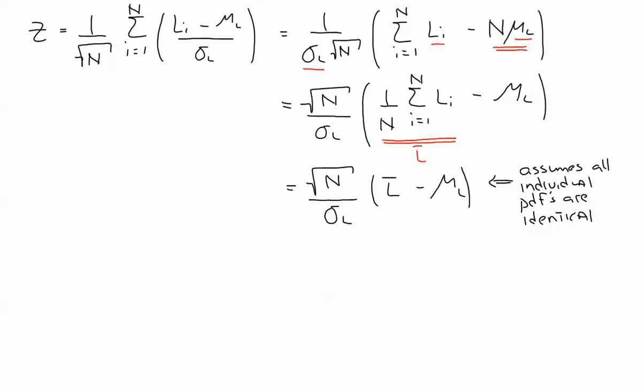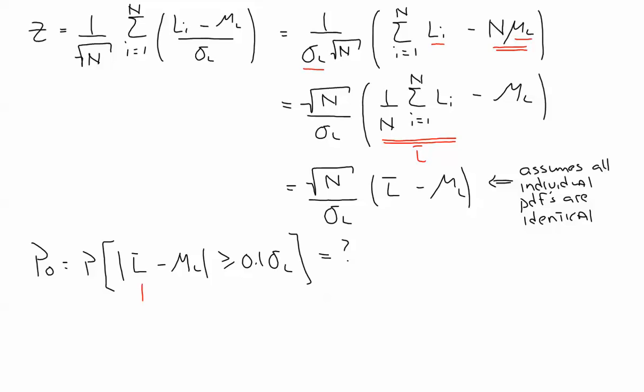Well, what was the question that was asked of us? The question was this. That was the question that was asked of us. We want to find the probability that the mean sample length differs from the true mean length by greater than 0.1 standard deviations.